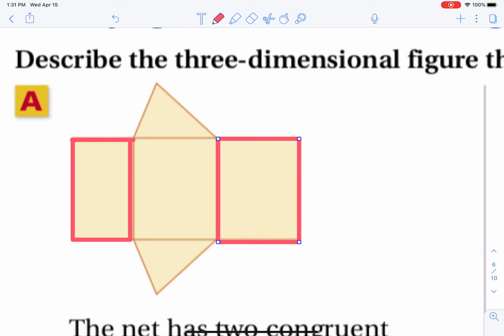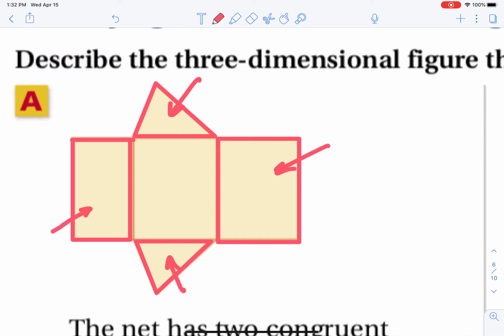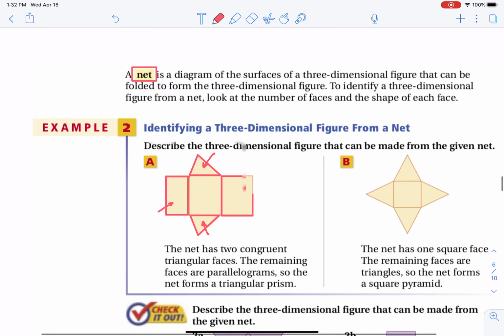And these triangles would fold up, and once they folded all together and were taped together, you would have a triangular prism. So this triangle would fold up, that would fold up, that would fold up, that would fold up. They would connect, you would tape them all together, and you'd have a 3D triangular prism. So a net is just what flat shape do you need to make a 3D one.